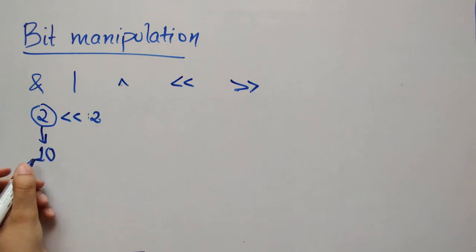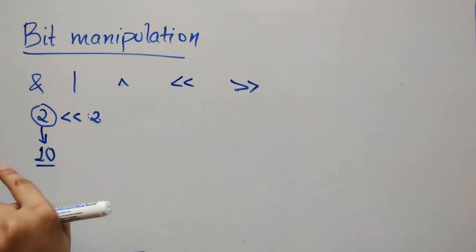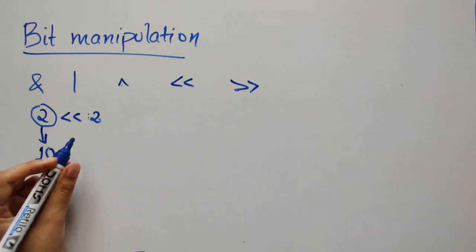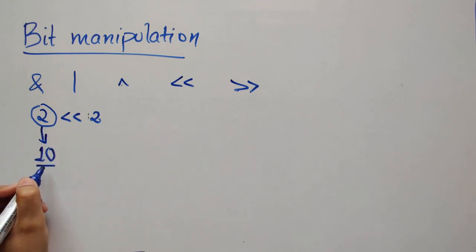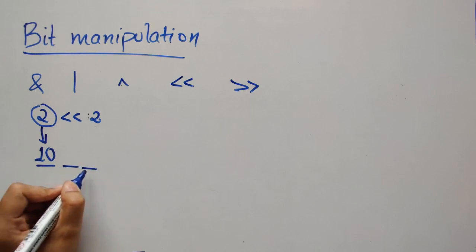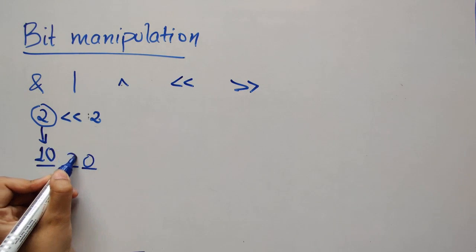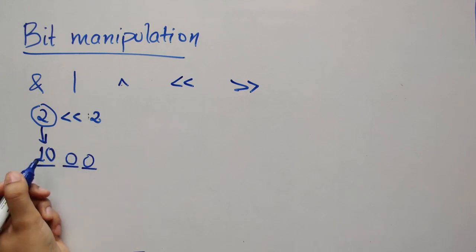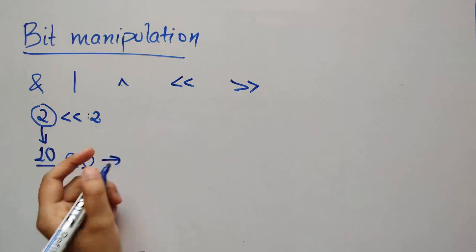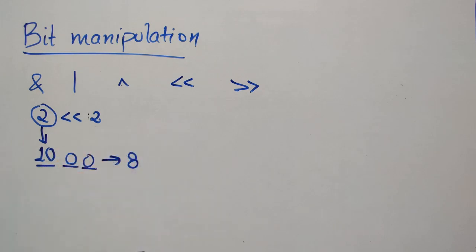Left is what? Shifted that side. I want to left shift this number by 2 digits. That means if they left shift, there will be 2 empty spaces left here, because you have shifted them. So you have to append zeros here. And the value of this binary number here is 8.